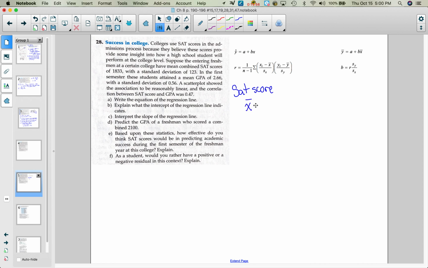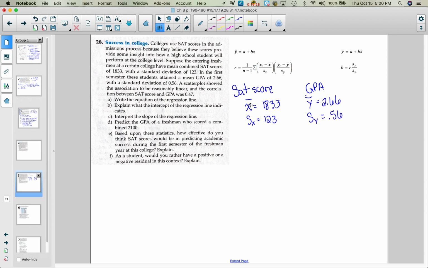So X bar is a mean of 1833 with a standard deviation of 123. And then the GPA is our response variable. Y bar is our mean of 2.66, and S sub y, our standard deviation, is 0.56.